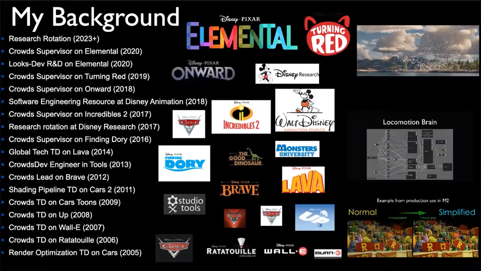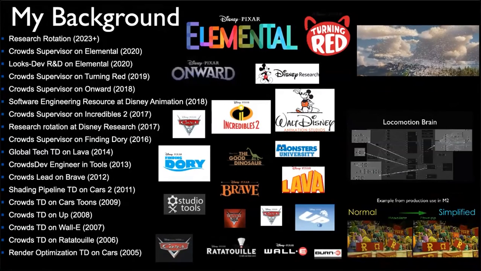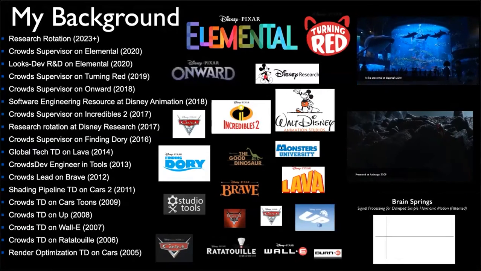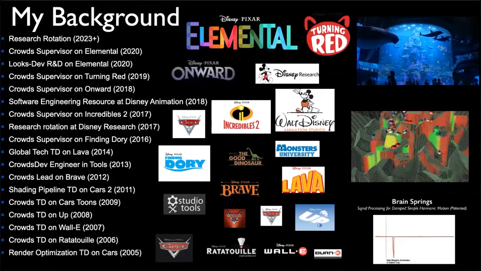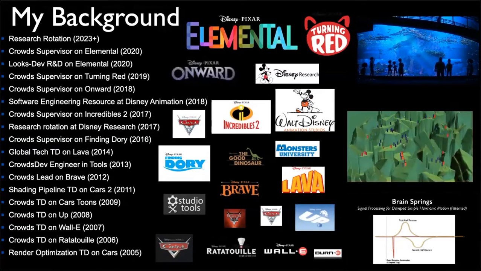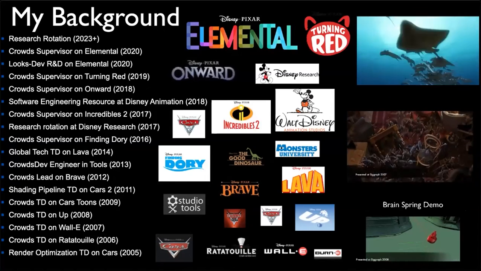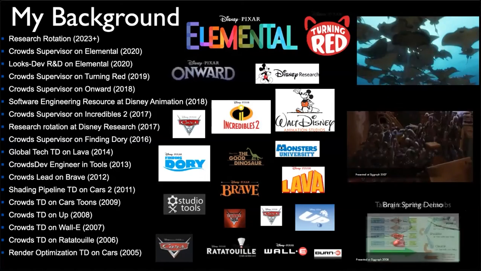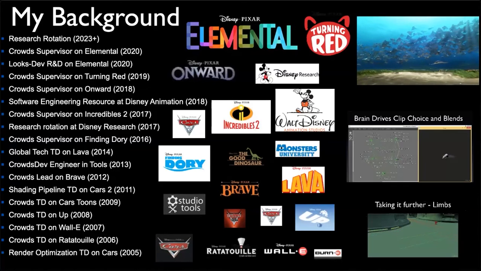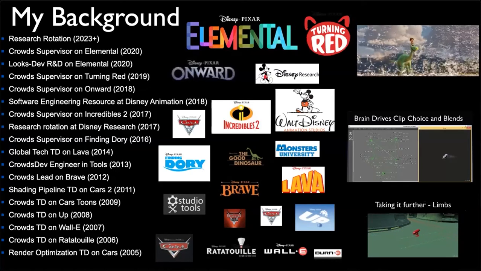I think I finished my 6th or 7th show leading a crowd team on Elemental. But between doing crowds, I also do research and development, including work with UsdSkel, helping studios like Disney Animation get started with it, as well as a lot of engagement with Disney research. So that's a bit on my background.